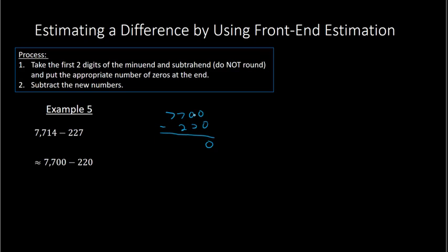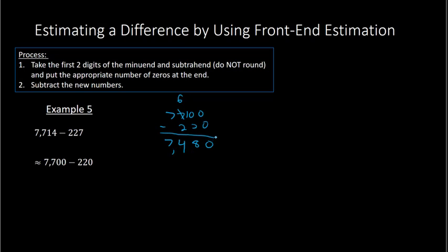The tens place, we try 0 minus 2, but that doesn't work because the 0 is smaller than 2. So I borrow from the hundreds place. So the 7, we're going to borrow 1 from there. That's going to become a 6. And then the 0 becomes a 10. Now we do 10 minus 2 to get 8, and then 6 minus 2 in the hundreds place to get 4, and then 7 minus 0 would be 7.